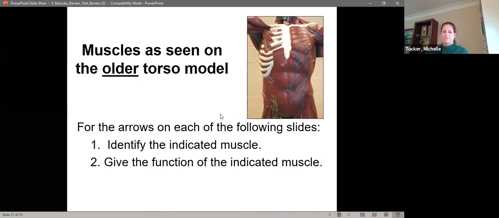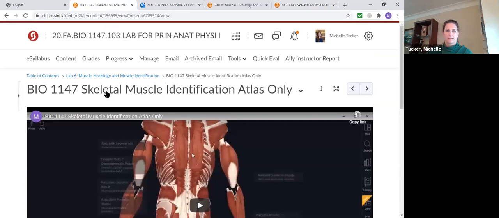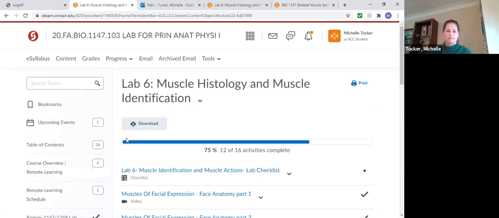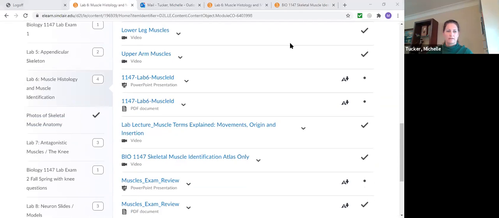Okay, so those are the slides that you need to know from the lab exam review. You won't be seeing the slides from the older torso model, but remember that you do need to be familiar with these photos as well.